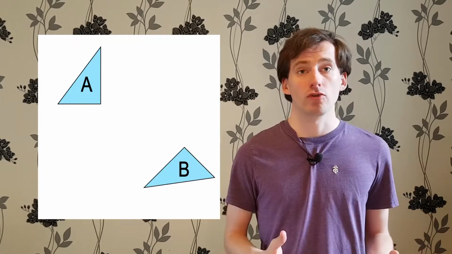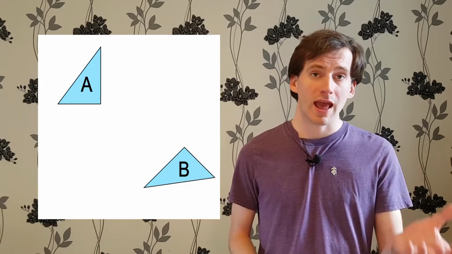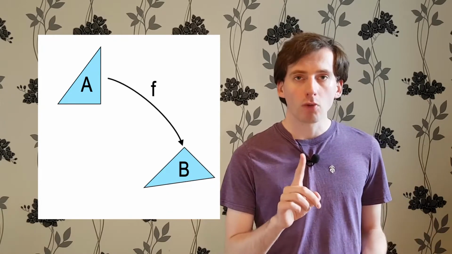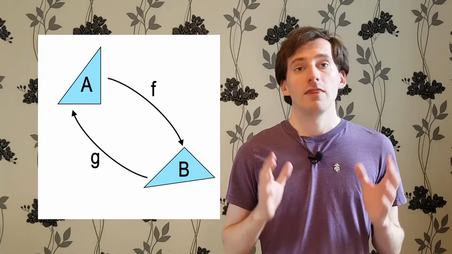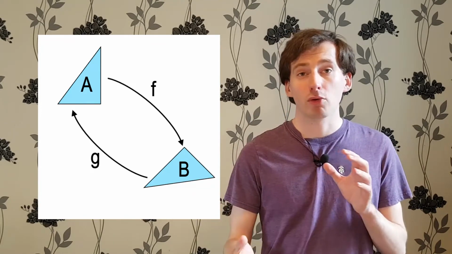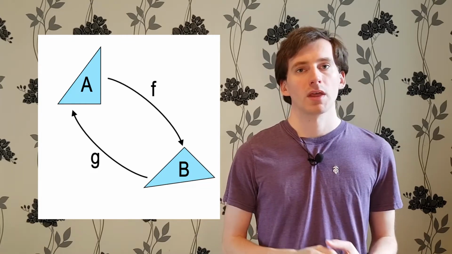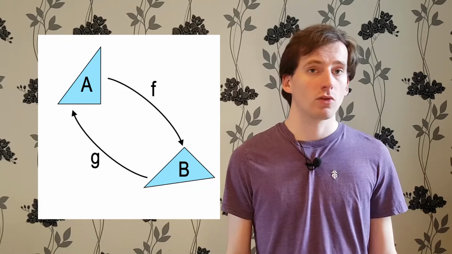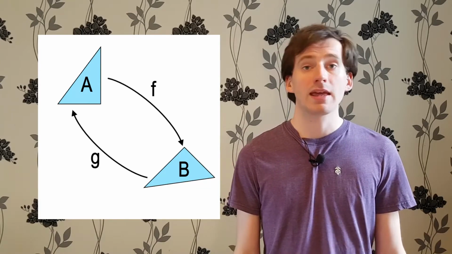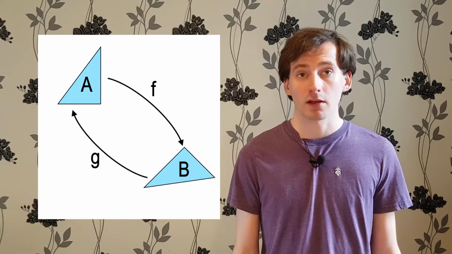The second observation is a subtle but, again it turns out, important one. If two shapes A and B are congruent, there is an isometry which sends A to B, but also there is an isometry which sends B to A. This suggests that we might be able to undo isometries. If we apply the first isometry, sending A to B, and then the second one sending B to A, they may cancel out and we end up where we started.